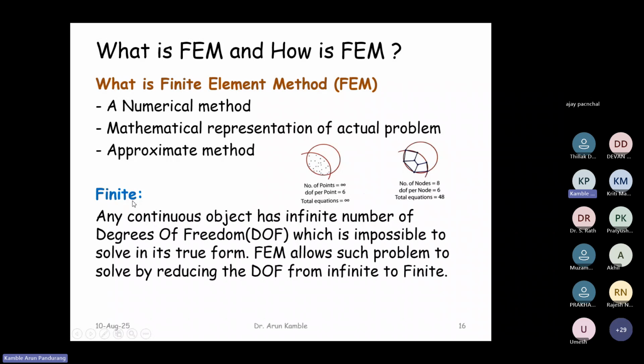Here it is related to the degrees of freedom. Any continuous object has infinite degrees of freedom, and in this method we convert this infinite number of degrees of freedom into a finite degrees of freedom problem. So this is the meaning of the word finite.